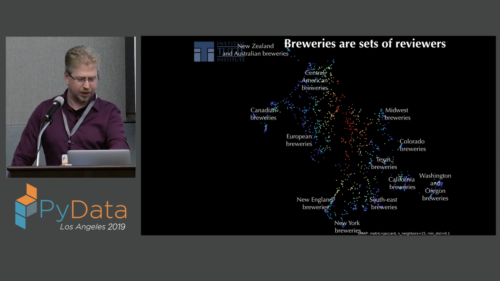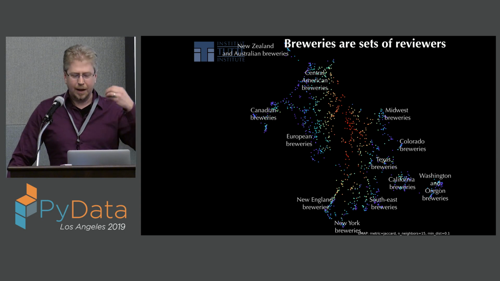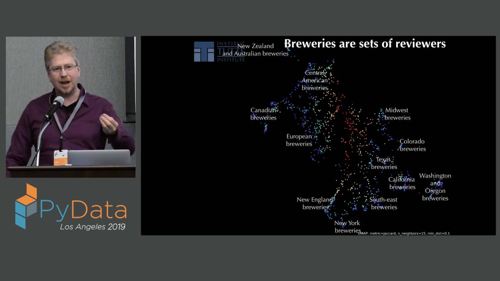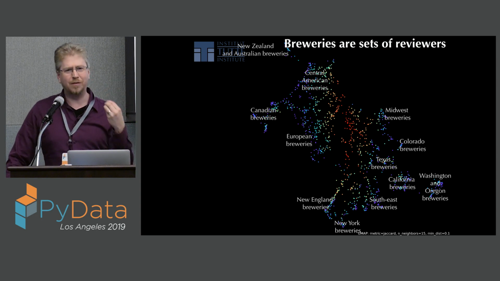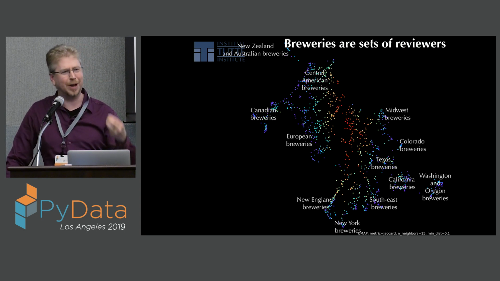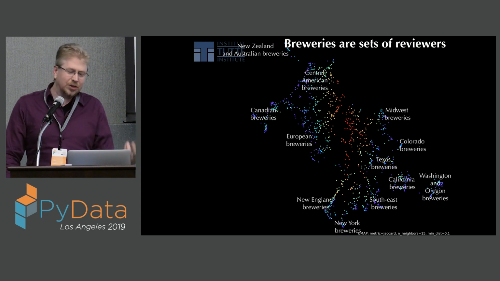If you instead went southeast, you could go down to New York and up to New England and carry on. So amusingly, by examining the structure of breweries with respect to who reviews them, we've learned geographic information about North America, as well as things about brewing culture within North America. So, which is kind of fun.